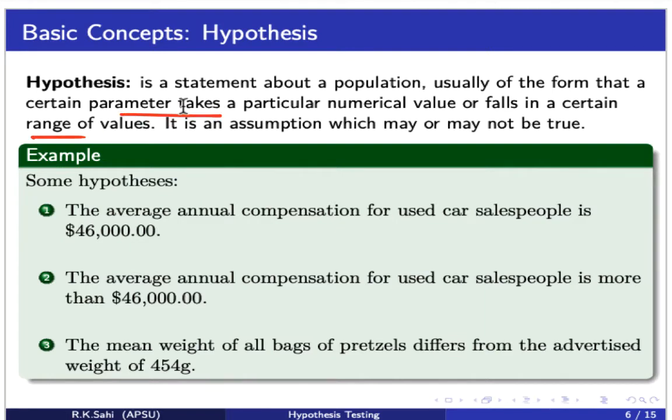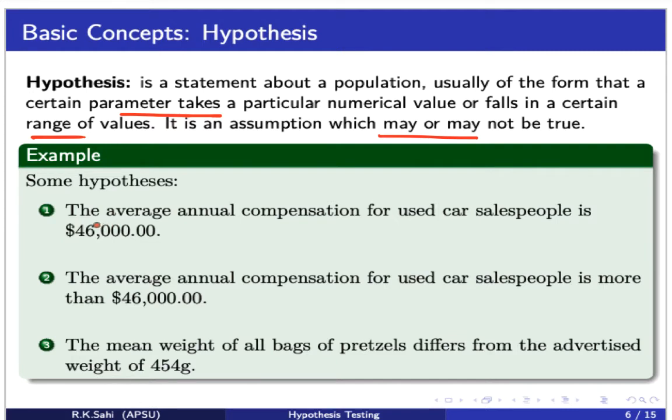So basically, we're making a claim and saying, hey, this will happen, and it is a numerical value. And we are only relating it to a parameter. Remember, when we say the word parameter, a parameter is related to the population. Now, this is an assumption we are making, and this assumption may or may not be true.